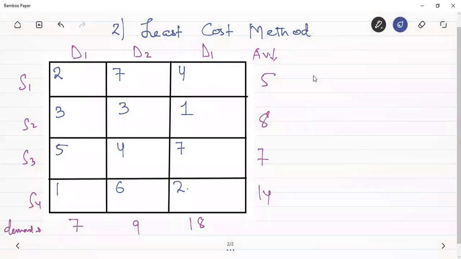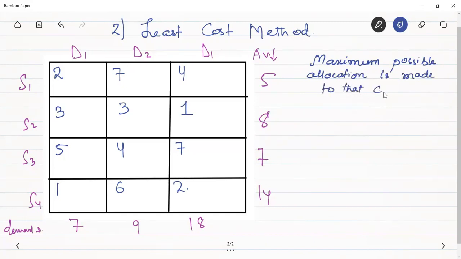This least cost method says that maximum possible allocation is made to that cell which has the least unit cost. Okay, the cell which has the least unit cost.